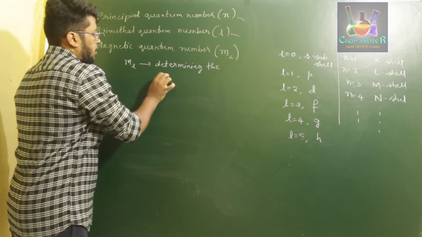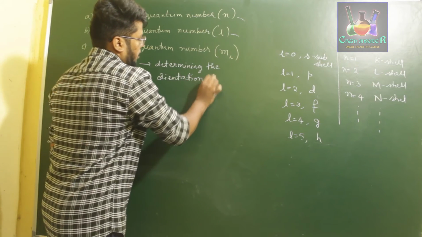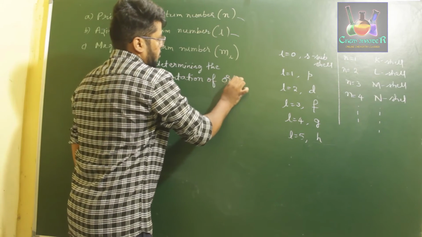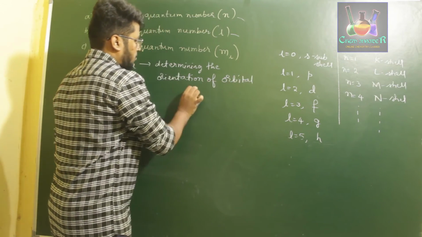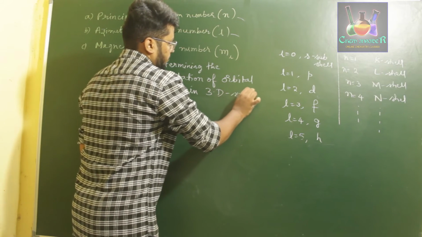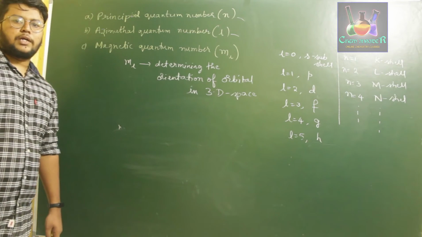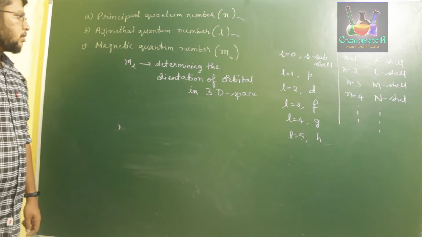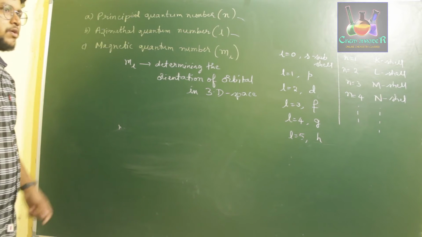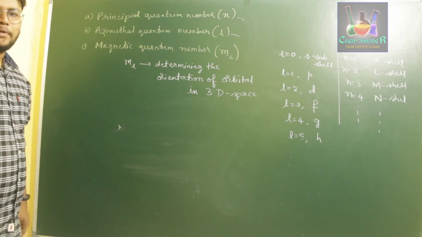So the magnetic quantum number ML helps in determining the orientation of the orbital in 3D space. So what are the values of ML? The value of ML depends upon the azimuthal quantum number.